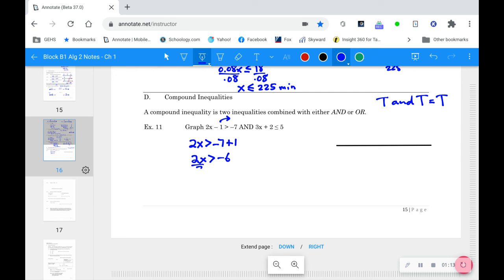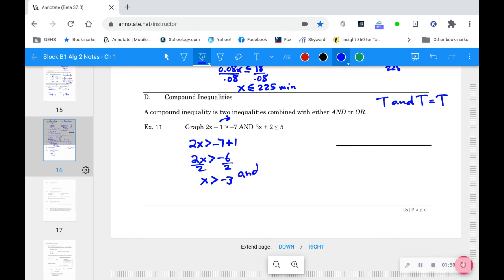And then we'll divide by 2. So we found out that x has to be bigger than -3.